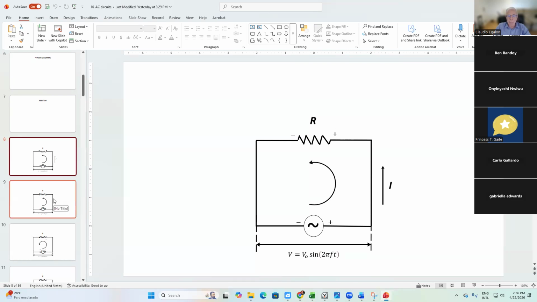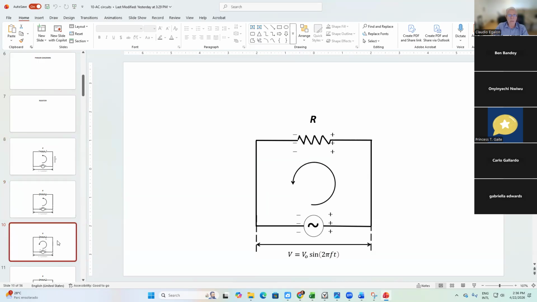As time goes by, what happens? Voltage increases between the terminals of your generator. So what does it mean? It means that we have a buildup of electric charges. See now, before we had only one charge on each side, and now we're going to have two.